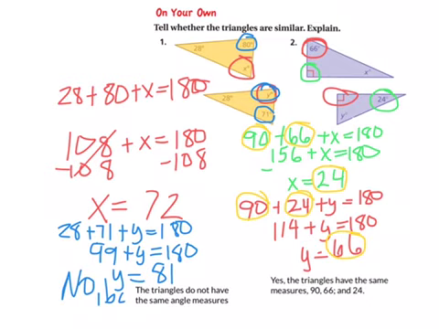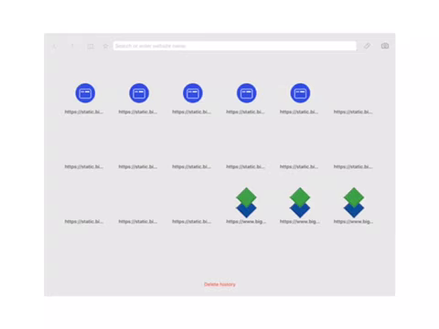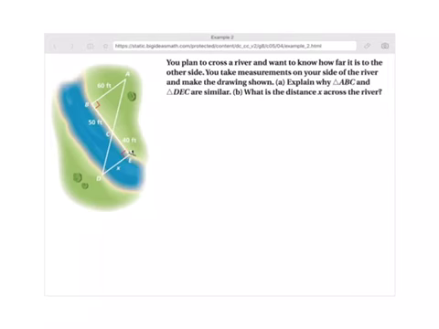So let's go look at example 2. Okay, so again, make sure you're writing these examples in your journals, and then you've got the on your owns on your separate piece of paper.